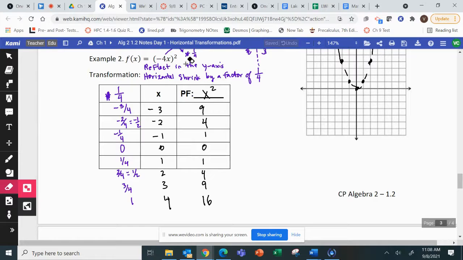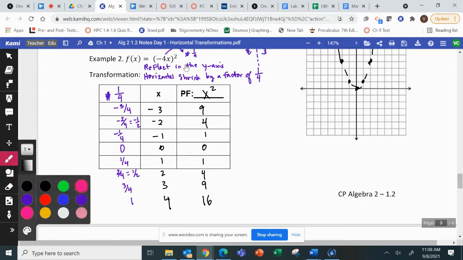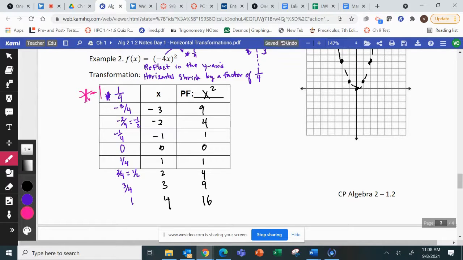What other transformation is still happening here? The reflection. I can make that a separate step if I want. I can multiply by -1 now, or I could do all of them together by multiplying by -1/4, which is what I meant to do, but I forgot. If I multiply everything by -1 at this point, it's just going to change all the signs, except 0 doesn't have a sign.